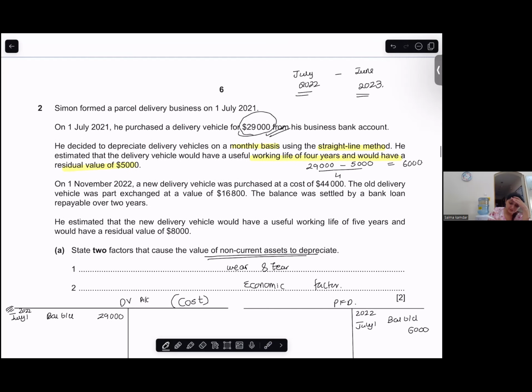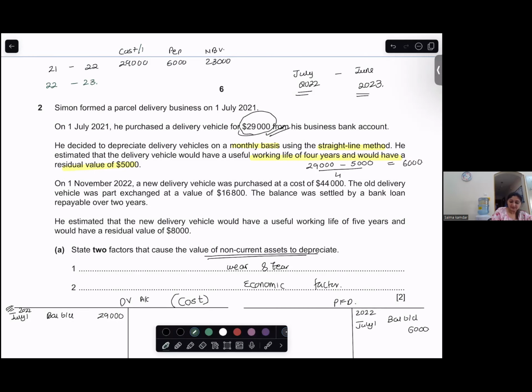So this was in 21, 22. Your cost was 29,000. Your depreciation was 6,000. So your net book value is how much? 23,000. Your net book value is 23,000. And now you have reached the year of which you are going to make the account. That is 22 and 23. Are you with me? Yes.